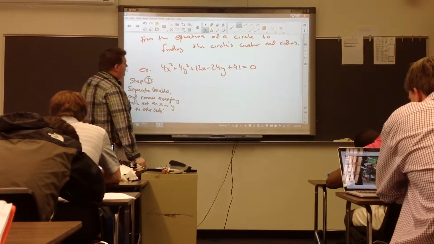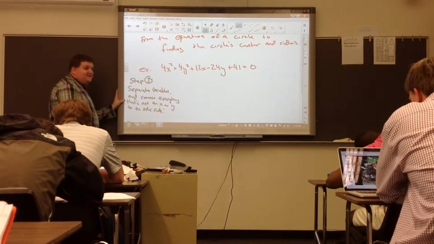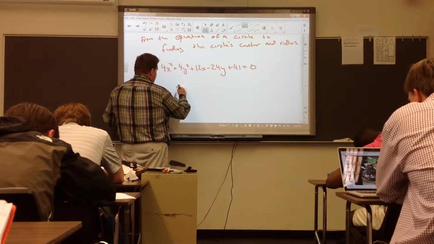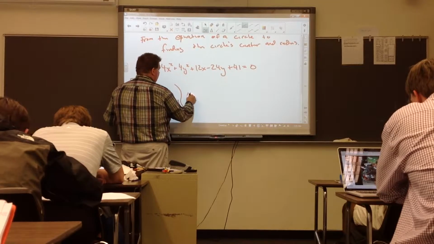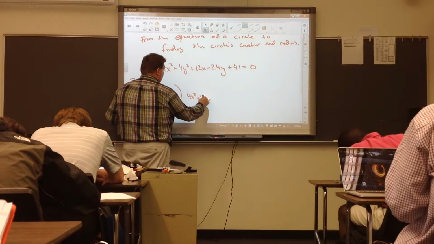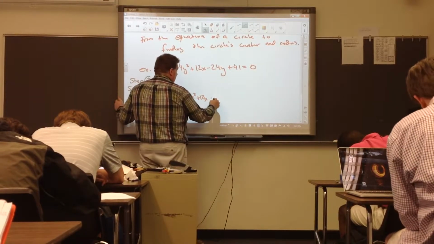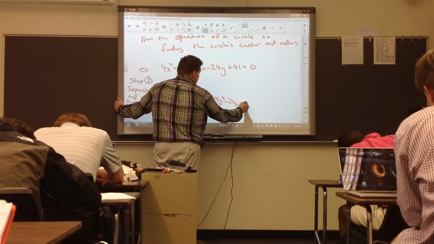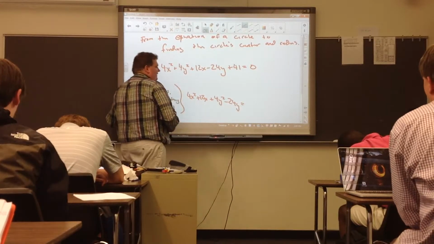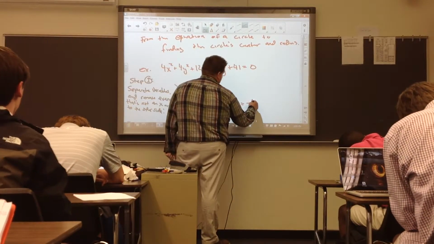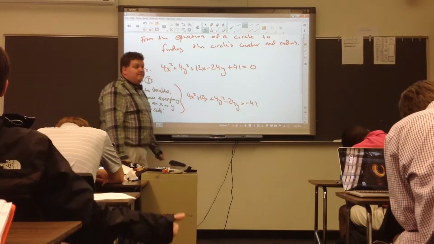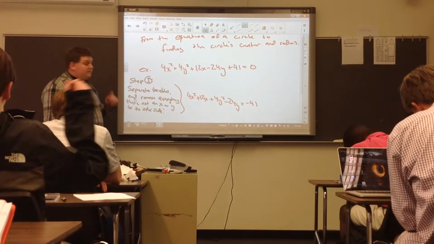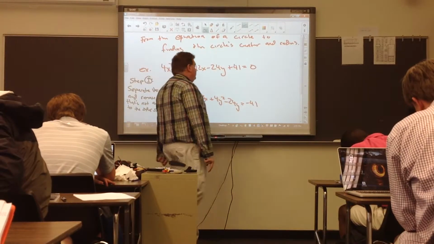Okay? So, basically I'm going to group my x's together and my y's together first. So that will give me 4x² + 12x + 4y² − 24y. And then I'm going to get everything else on the other side of the equation. So I'll have a −41 on that side there. Okay, everyone see what I did? Didn't do anything, just reorganized everything basically. Okay, that should be my first step.